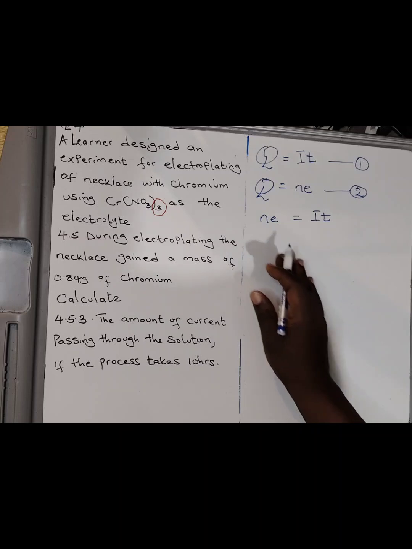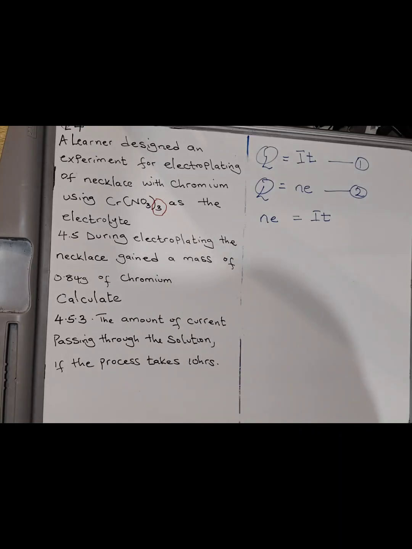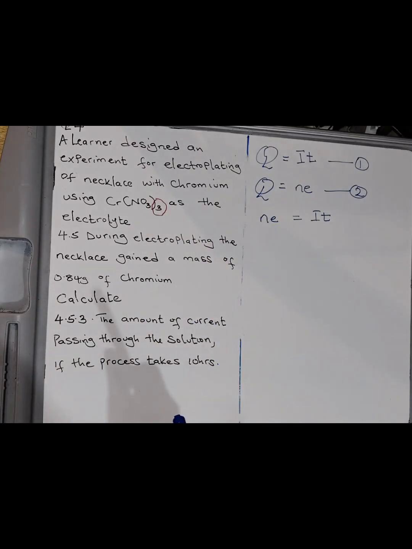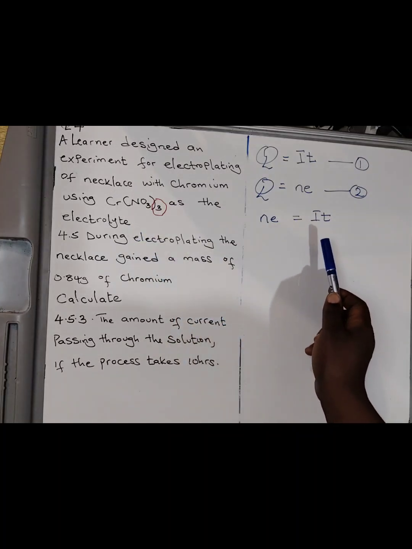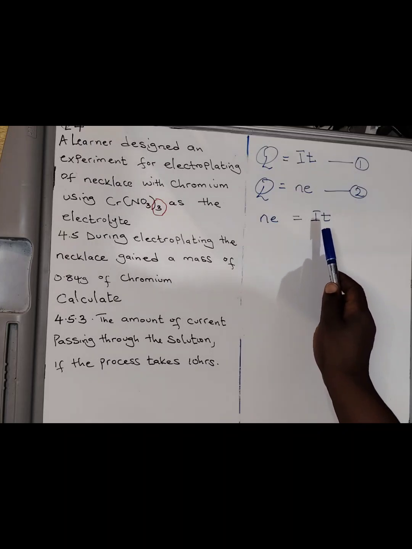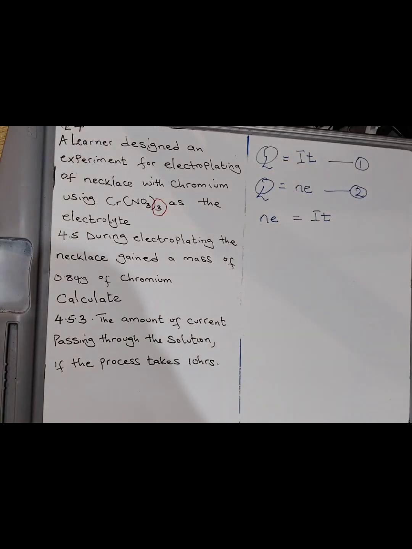We already have the number of electrons flowing. The electronic charge is a constant, which is 1.6 times 10 power minus 19. Time has been given as 10 hours, and we just have to convert it to seconds. And I, or current, happens to be our only unknown. Let us substitute in.